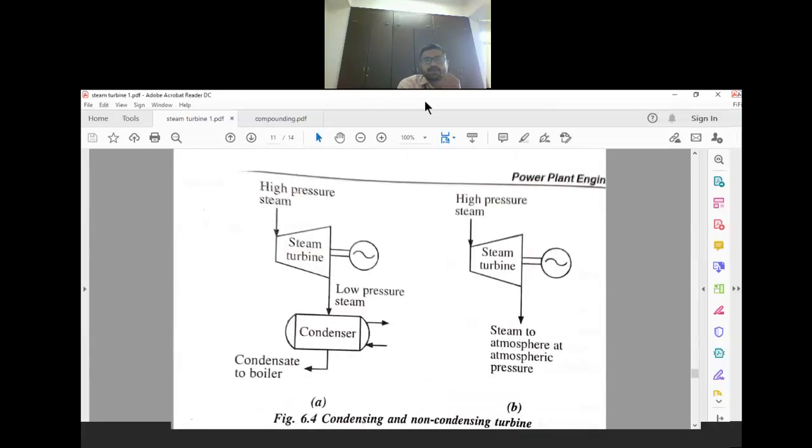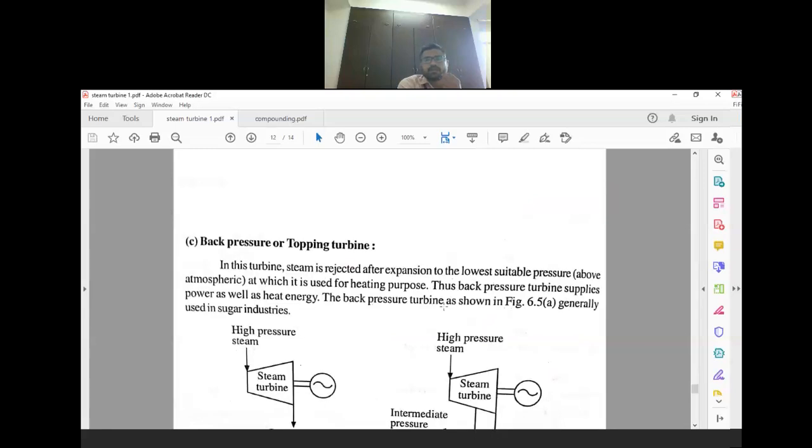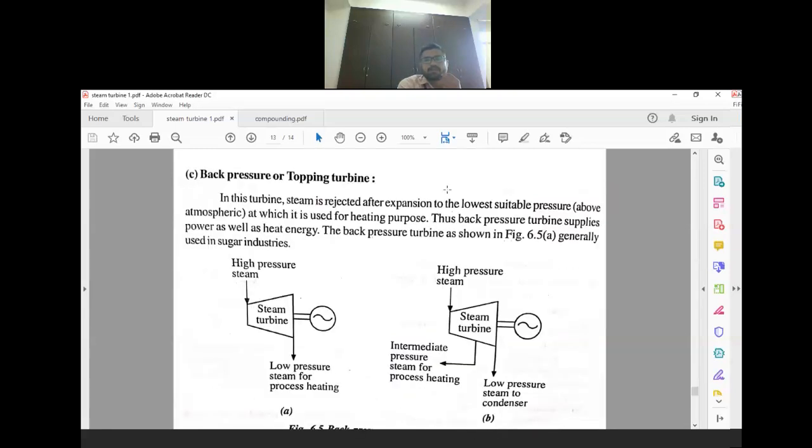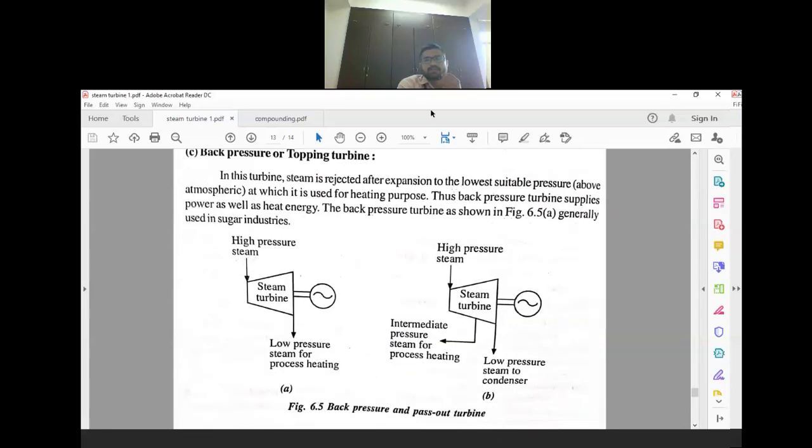Here you can see in the diagram condensing and non condensing: if you utilize the condenser, and if you do not utilize the condenser. So for back pressure, you can see that in both you are not using a condenser, but this steam you are utilizing for process heat. Suppose this is our 50 bar and suppose this is 1 bar.